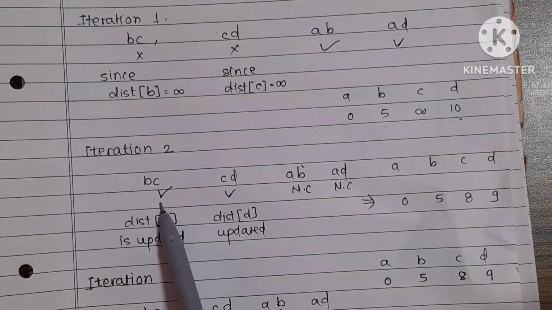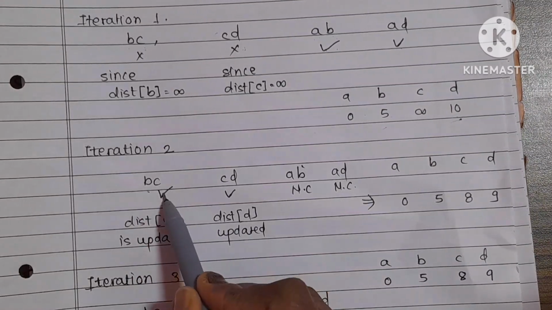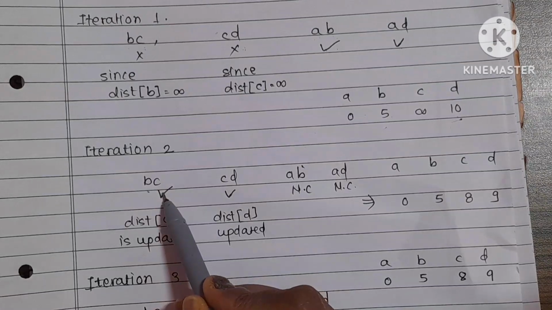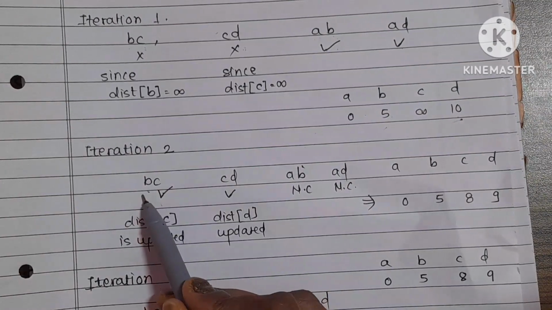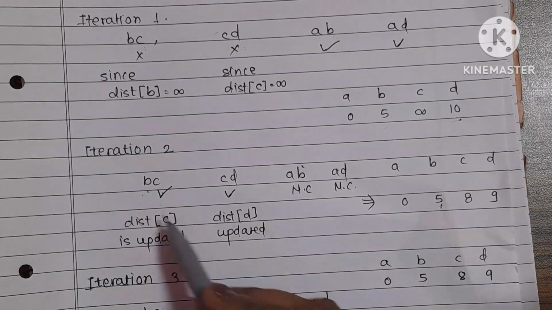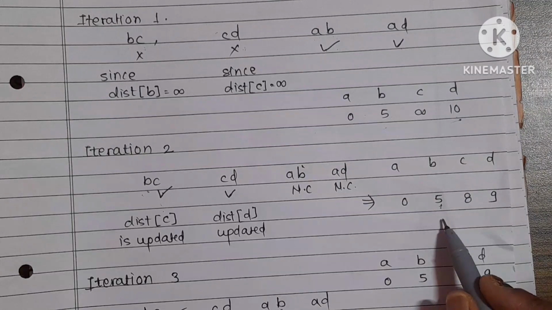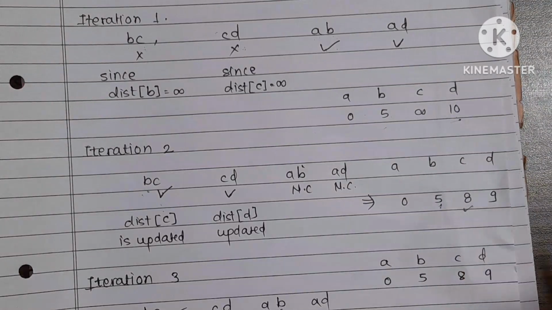With the second iteration, the BC edge is considered, for which U is B and V is C. So the distance of C could be updated based on the distance of B. The distance of B is 5, plus the weight of the BC edge, which is 3, so the distance of C has been changed to 8.